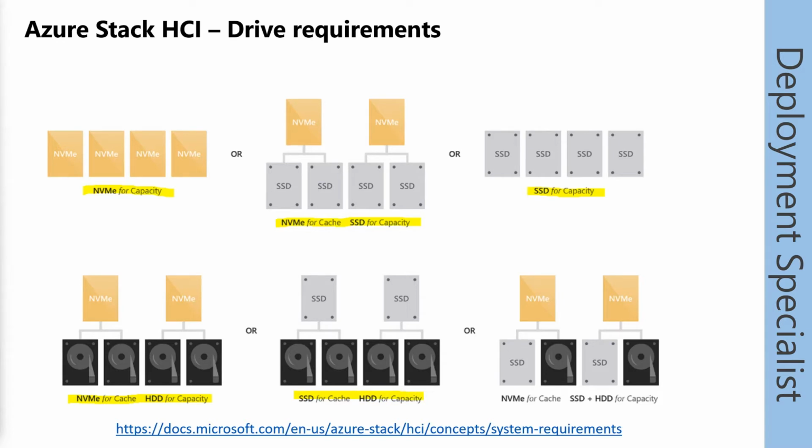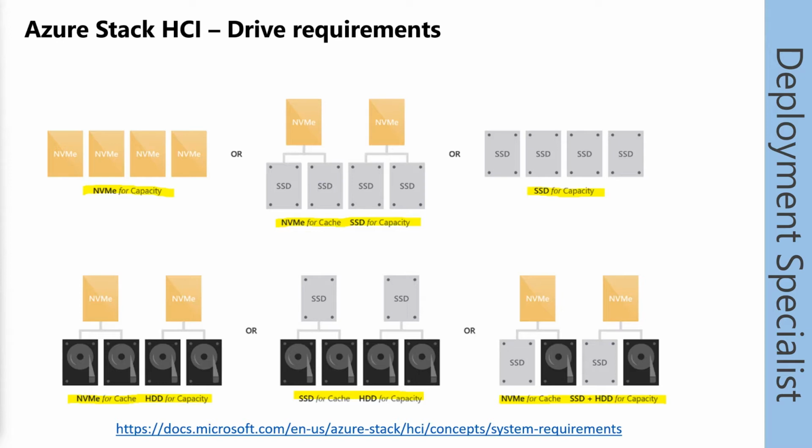Regarding Microsoft, it's also supported to have 3 storage tiers with NVMEs, SSDs, and hard disk drives, but I don't know any OEM certified, Azure Stack HCI certified solution that uses this 3-tier concept. From a technical perspective, it's possible and it's supported. So what we can see here are different configuration options.